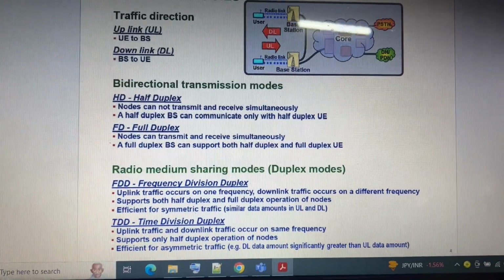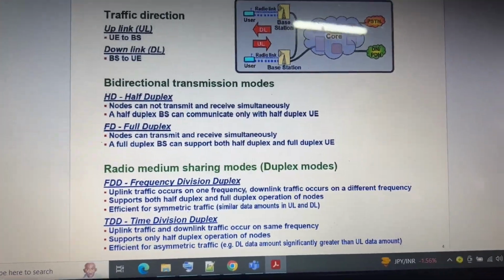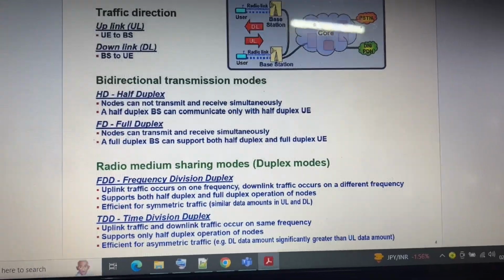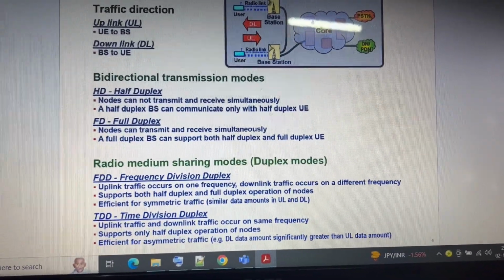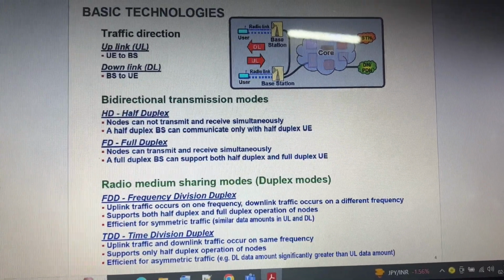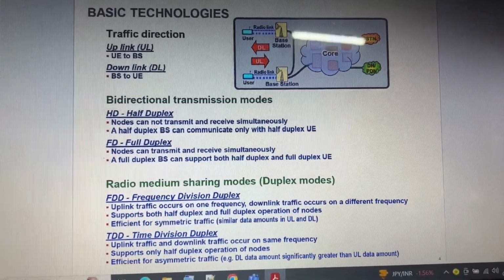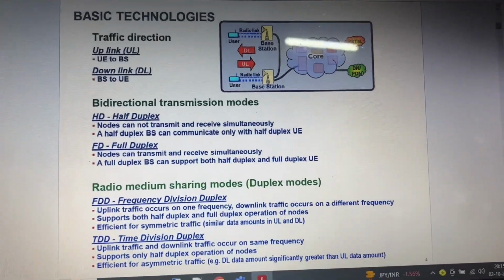It supports only half duplex operation of the nodes. Third, it is efficient for asymmetric traffic. Here you will see the downlink traffic is significantly higher than the uplink traffic. That is what we call the TDD mode of operation. In FDD systems, you will find a similar amount of data in the DL as well as in the UL.